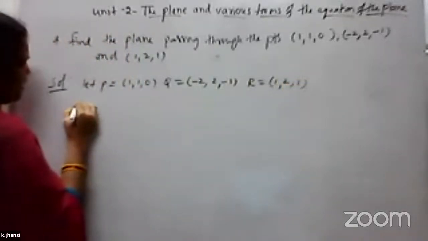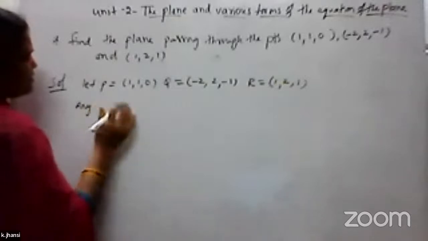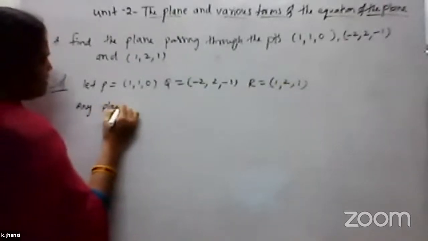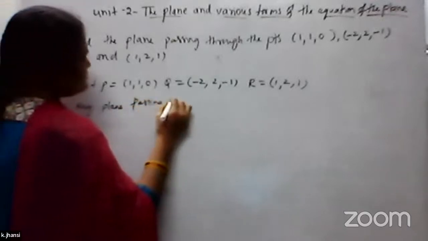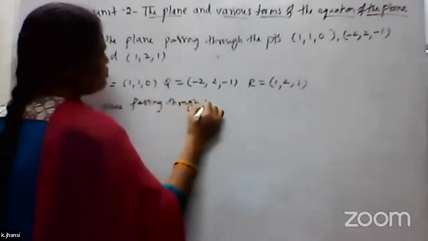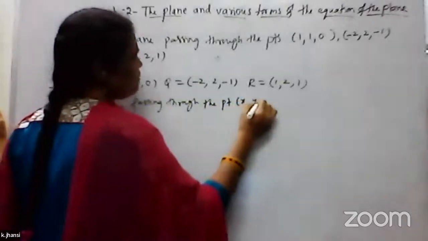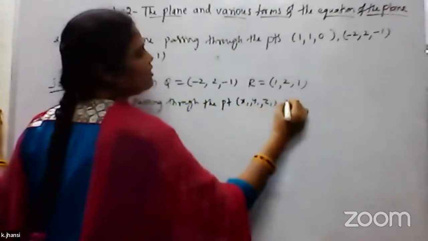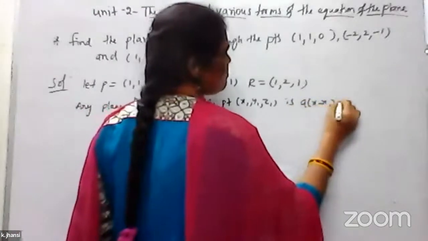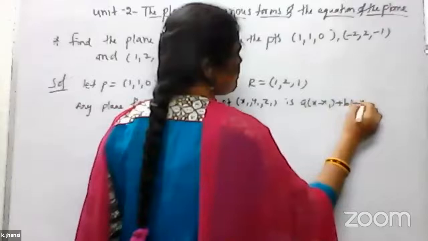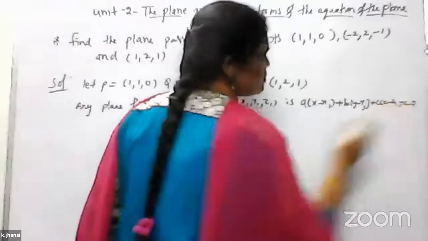Any plane through the point x1, y1, z1 has the equation a into x minus x1 plus b into y minus y1 plus c into z minus z1 equals 0.